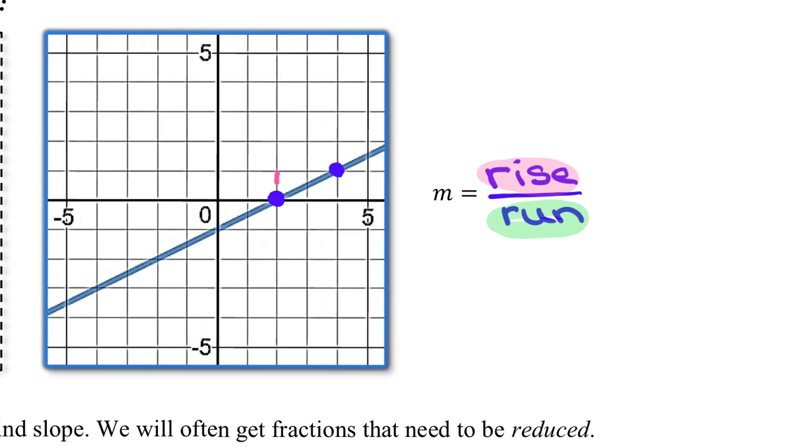For me, I only have to move 1 place up. Some of you may have to go 2 or 3 or 4 places to get up to the same level as the other dot. Hint, we're drawing triangles, by the way. So my rise, based on these 2 points, is a 1.